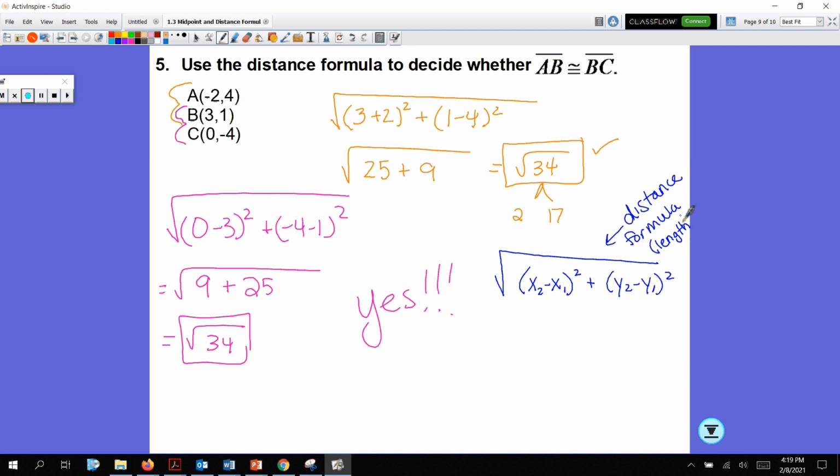Length, how long something is, a distance formula. Okay, and then another formula was midpoint. That's an ordered pair, hence the word point. Boom. This is the midpoint formula.